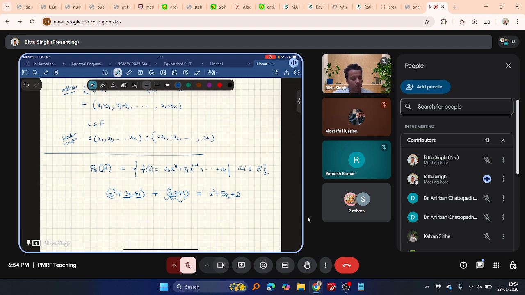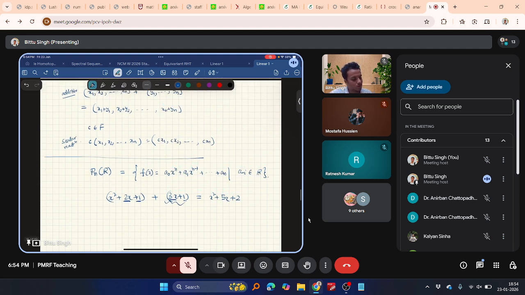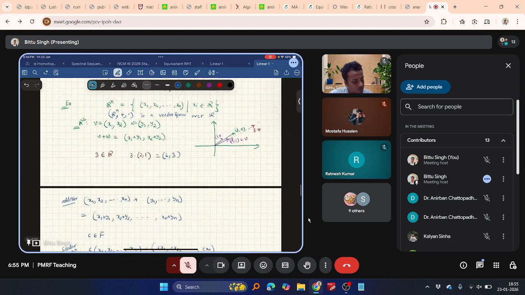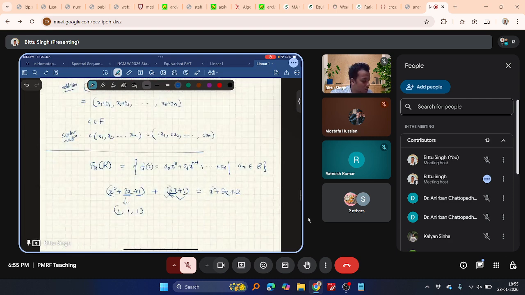So note that those two are not very different. This is not something new, because x squared plus 2x plus 1 we can write in coordinate notation as a tuple, 1 2 1, and 3x plus 1 can be written as 0 3 1. If we add those two elements, it becomes 1 5 2, which represents this element.